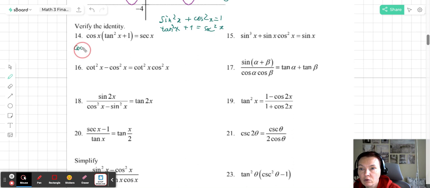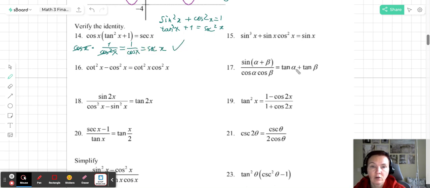So we have now cosine x secant, remember it's 1 over cosine squared x, which will give us just 1 over cosine x, which is indeed secant x. Check. In this identity, I would factor out sine x, and then in parentheses, you have sine squared x plus cosine squared x, which we know is going to be equal to 1. So yes, it does equal sine x.